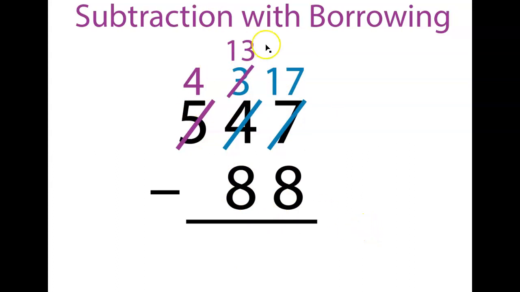It gets really complicated. As you can see, it already looks kind of crazy. So don't make it harder than it has to be. Keep yourself with nice, neat columns, and you're going to have a much happier time. From here, we can then do 17 minus 8 is 9, 13 minus 8 is 5, and 4 minus, well, nothing, is just 4.